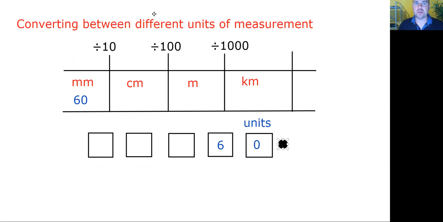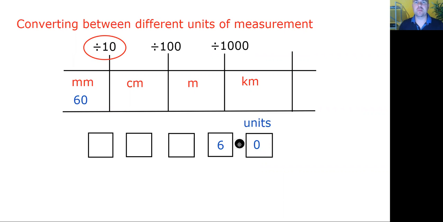We are going to divide by 10. So what we need to do is we move that decimal point one place to the left, like this. We're getting smaller. So we're going one place to the left.